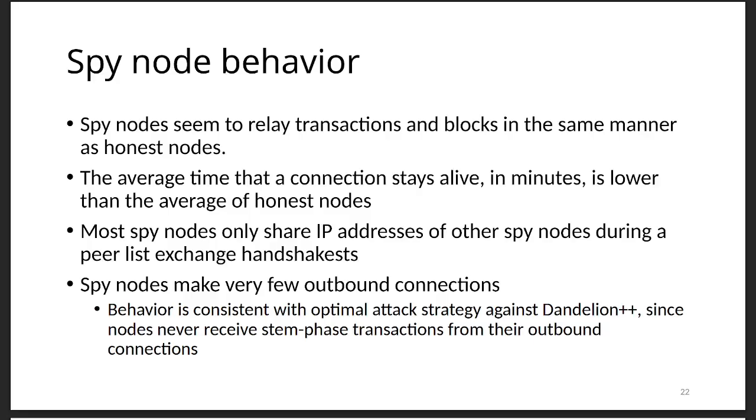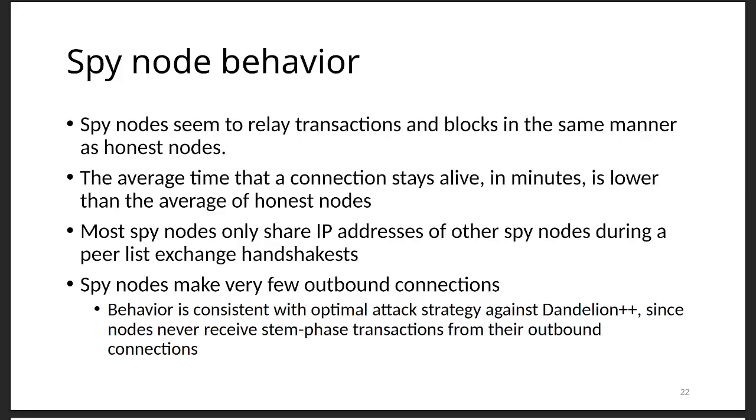Spy nodes seem to relay transactions and blocks in the same manner as honest nodes. The average time that a connection stays alive, in minutes, is lower than the average of honest nodes. Perhaps the spy node connections are unstable because of custom code or server overload. Most spy nodes only share IP addresses of other spy nodes during a peer exchange handshake.